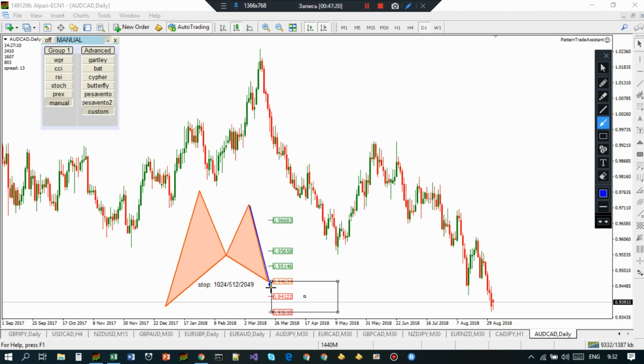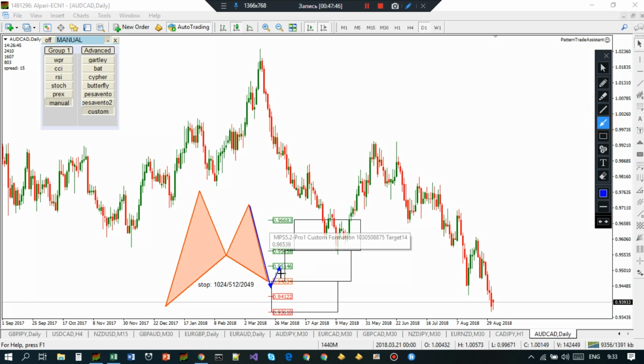When it reverses and starts the movement and hits half of your risk, this is your total risk. And if you compare, this is the target 1 and target 2. Target 1 is this one risk, 1-to-1, and target 2 is the second risk.